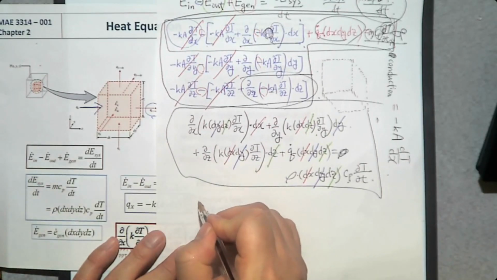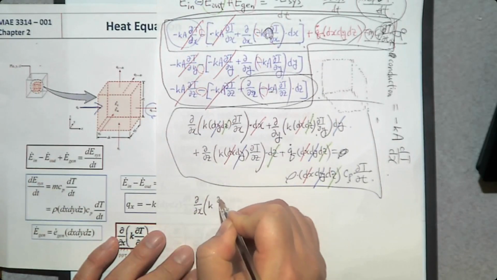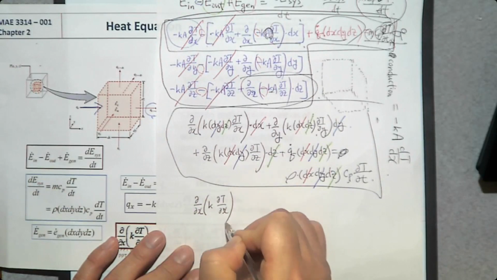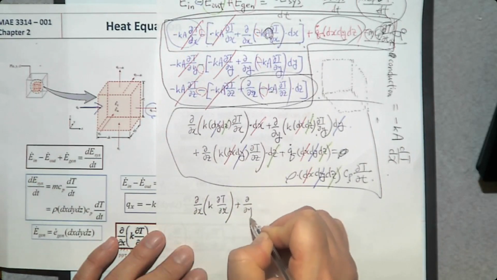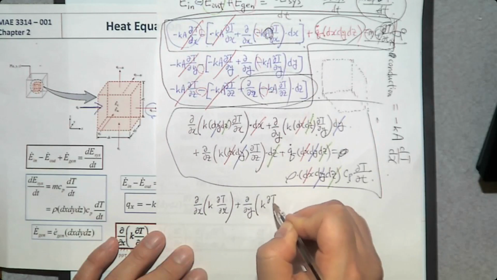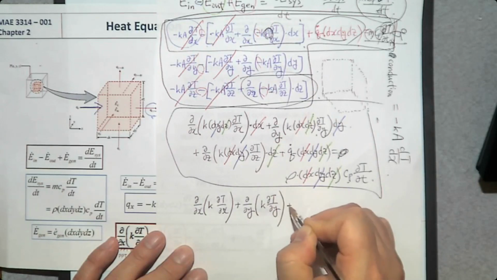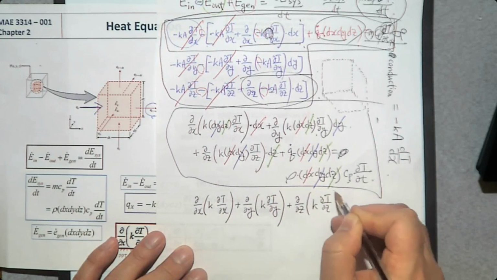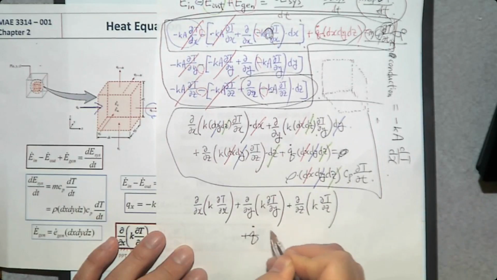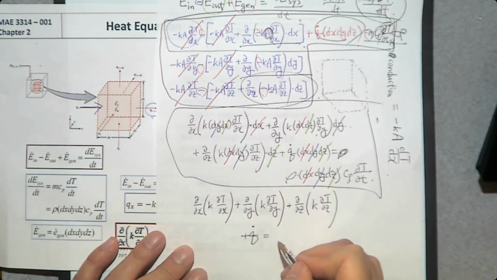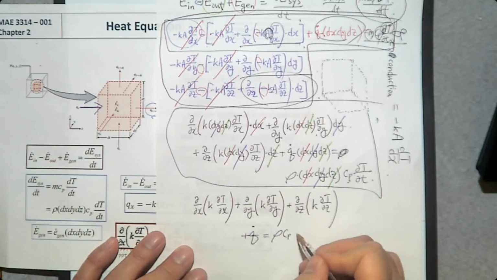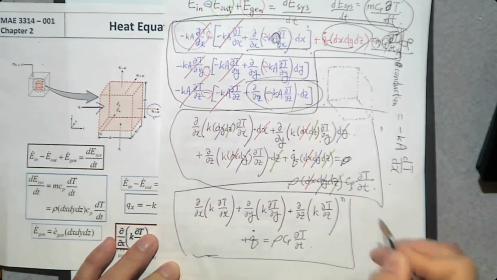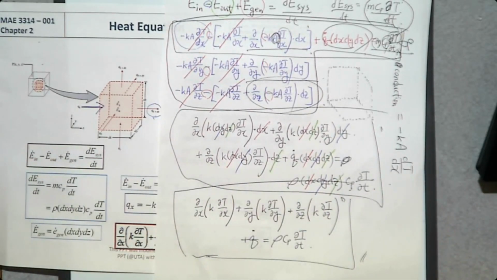This energy balance equation becomes partial over partial x of k partial T over partial x, plus partial over partial y of k partial T over partial y, plus partial over partial z of k partial T over partial z, plus q dot, which is the heat generation, equals rho Cp partial temperature over partial time. So this is the general heat equation in the Cartesian coordinate system.